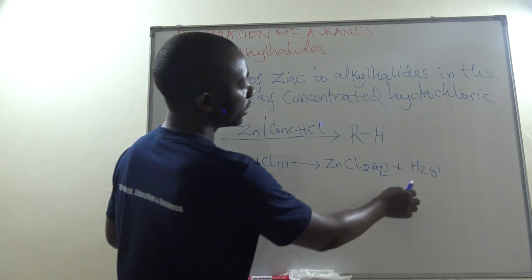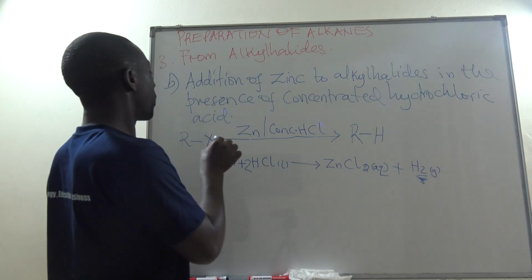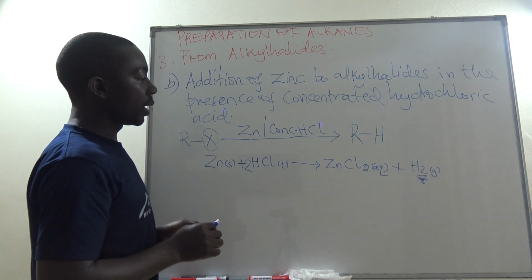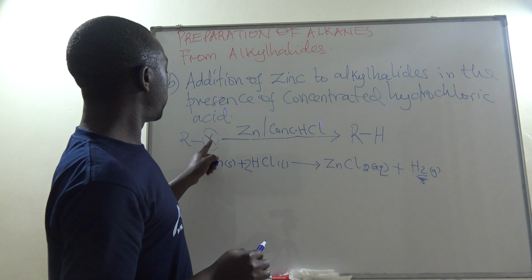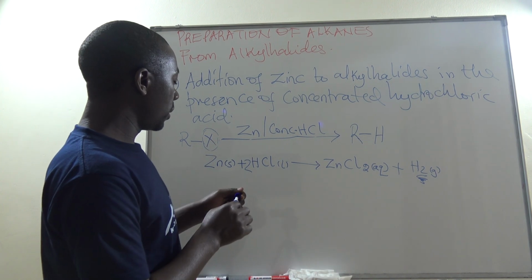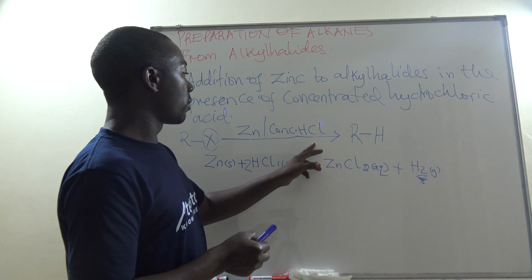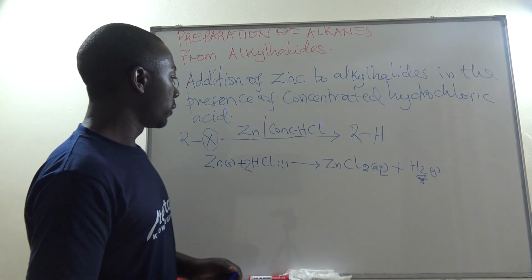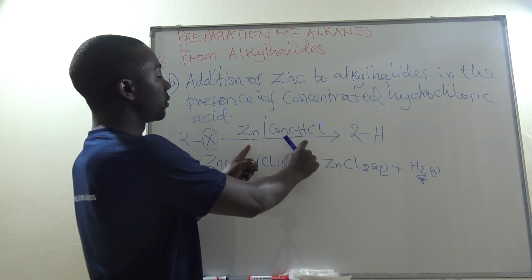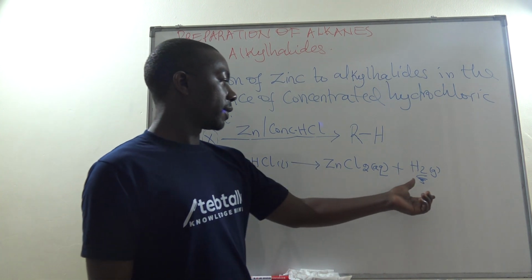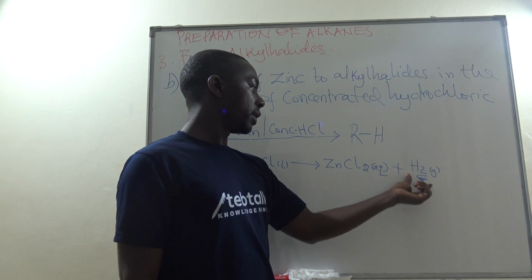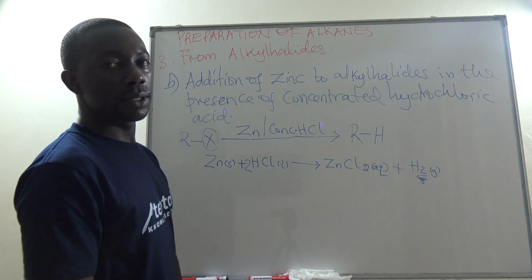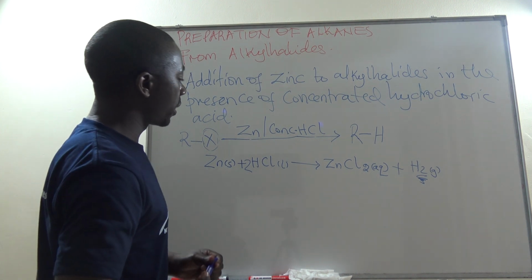Now, it is this hydrogen gas which is responsible for replacing or removing or reducing the halide atom. So once it can replace the halide atom, then we shall say a mixture of zinc and concentrated hydrochloric acid has reduced the alkyl halide to form an alkane. So the reaction starts here by the reaction between zinc and hydrochloric acid, and once hydrogen is produced, this hydrogen gas reduces the halide to form a hydrogen atom, and then that is an alkane.